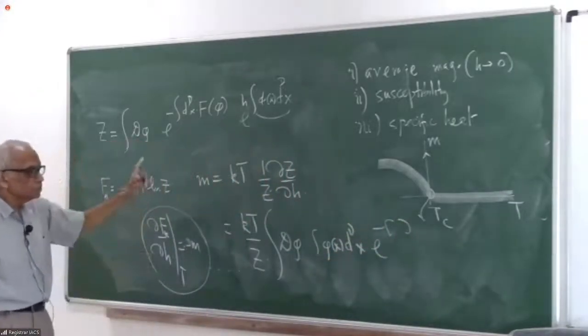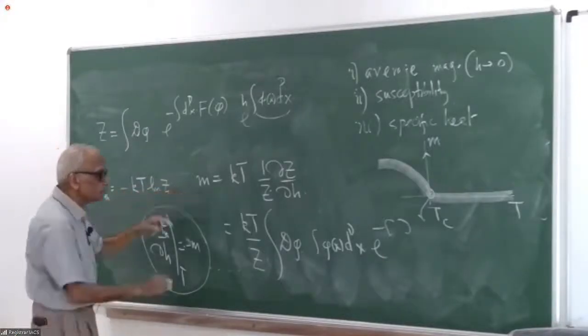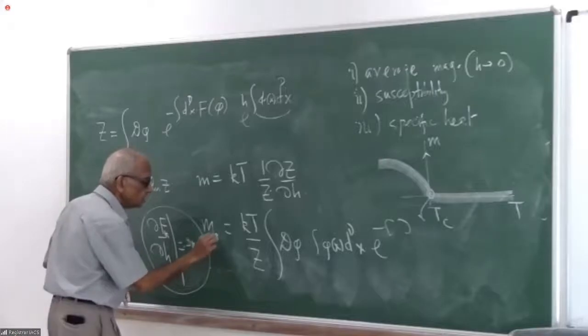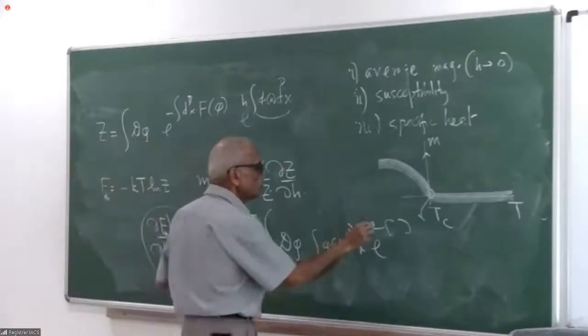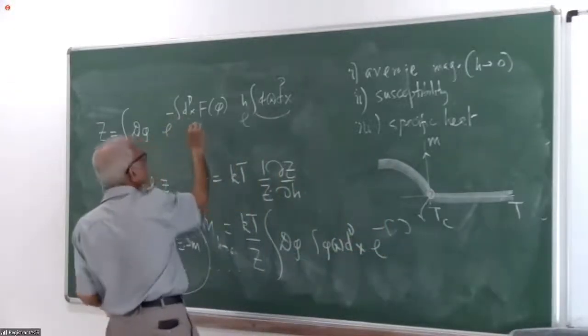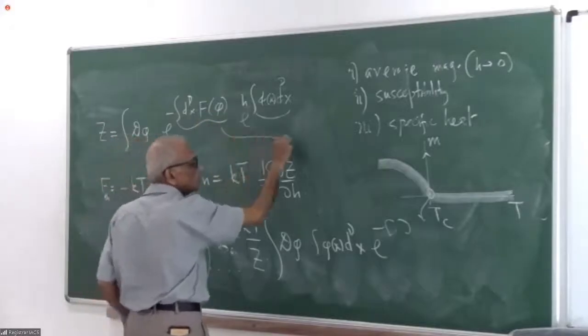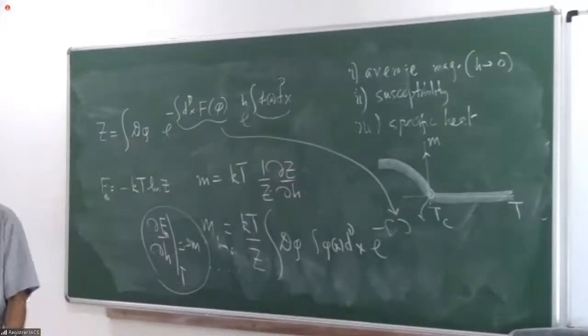You want the zero field magnetization, therefore M, when H tends to 0, you are going to see only this part over here.